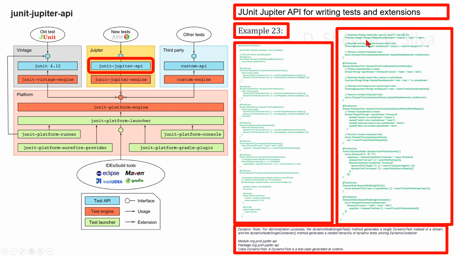Generate display names like input 5, input 37, input 85, etc. Execute the test based on the current input value. Return the stream of dynamic tests.